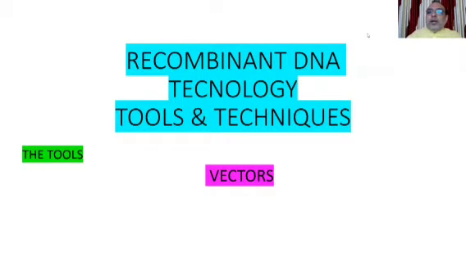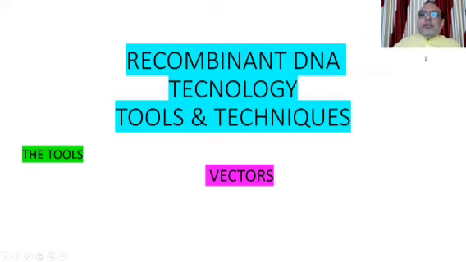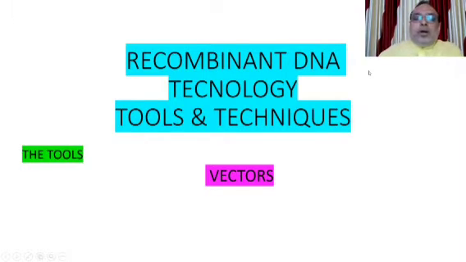So today we are dealing with another section of the tools and techniques of recombinant DNA technology, and that section will be dealing with the vectors, which are an important tool by which we propagate that stretch of DNA to the different organisms which harbor those desired stretches of DNA along with the vectors.